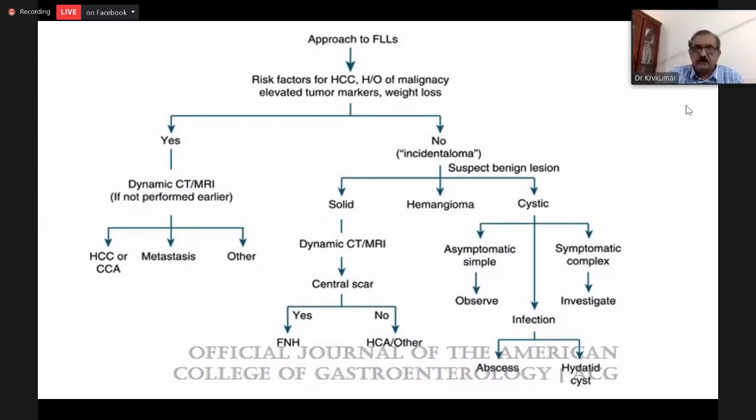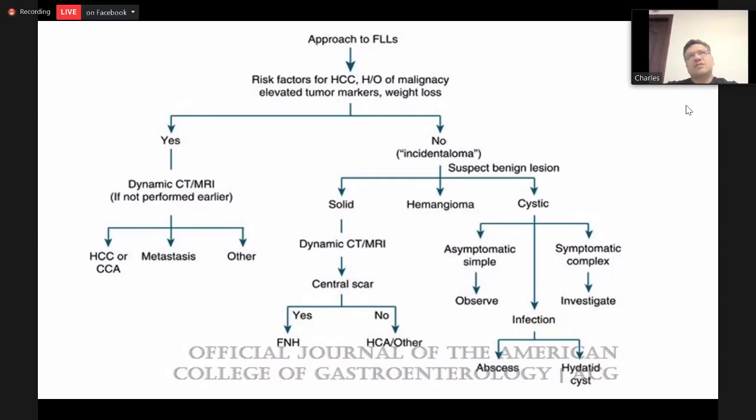And the role of PET in HCC. Yeah, PET, as I already said, in hepatocellular carcinoma, you can use dual PET to make a diagnosis. Dual PET means you can use two tracers. One is choline and second is FDG.